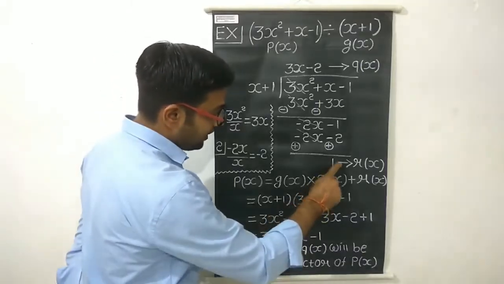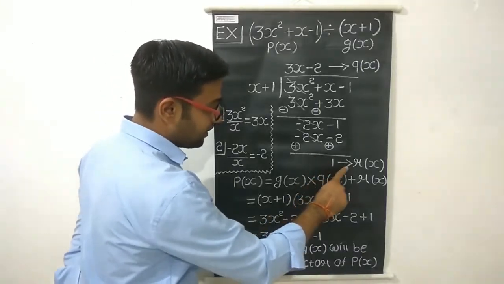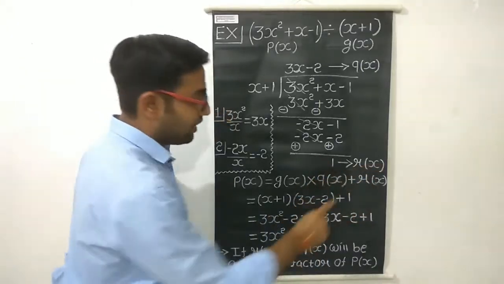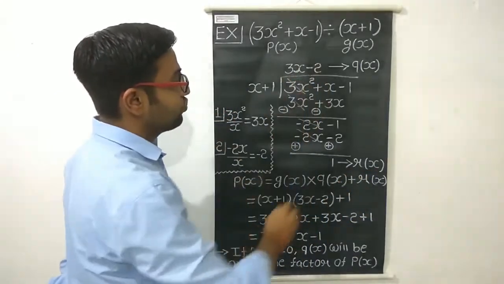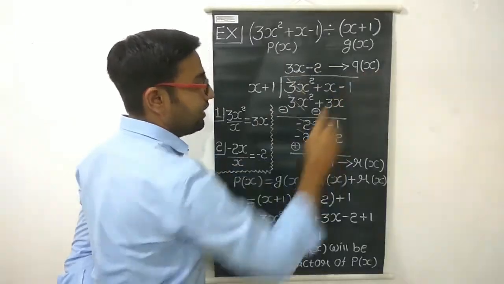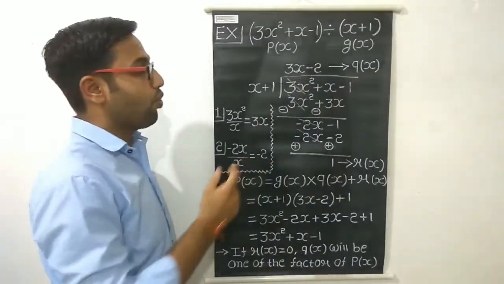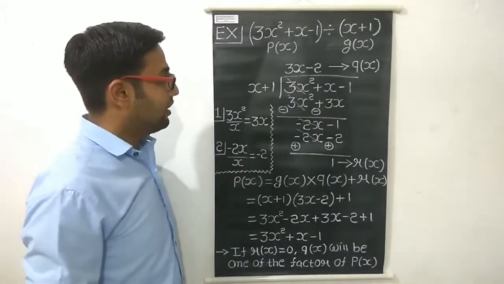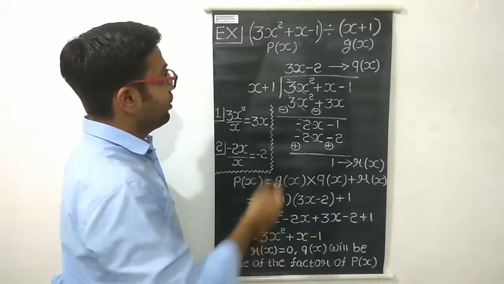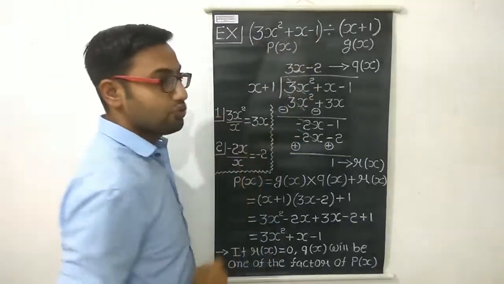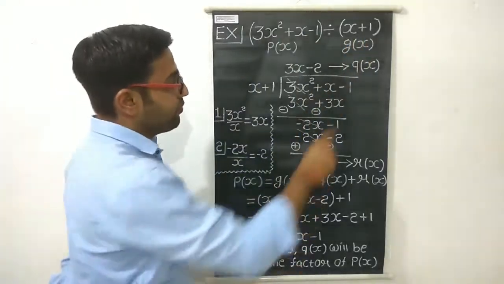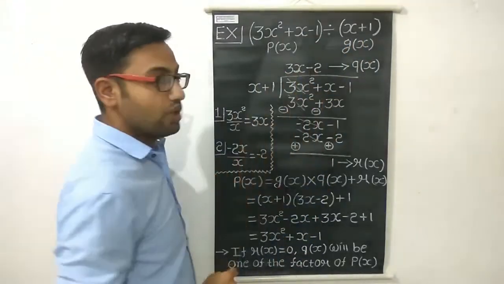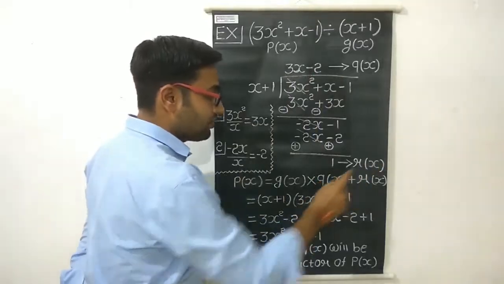We say whatever we get here is the remainder polynomial, that is r of x, and whatever we get here, 3x minus 2, we call it q of x, that is the quotient polynomial. So now the dividend polynomial is 3x square plus x minus 1, divisor polynomial is x plus 1, quotient polynomial is 3x minus 2, and remainder polynomial is 1.